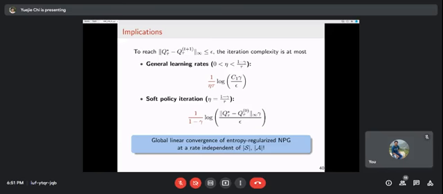More importantly, we are guaranteeing a global linear convergence at a convergence rate that is independent of the size of the state space and the action space, which is in sharp contrast to the potentially super exponential convergence time needed by the original vanilla policy gradient method. Here we are achieving a dimension-free linear rate of convergence.